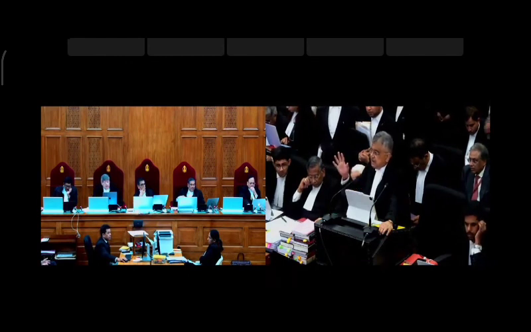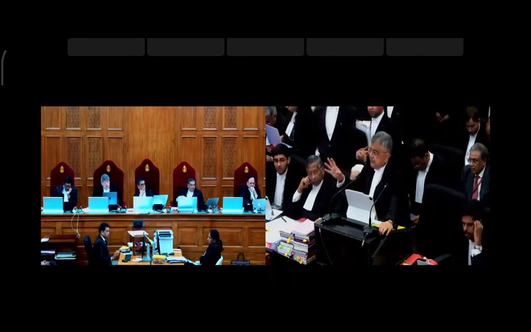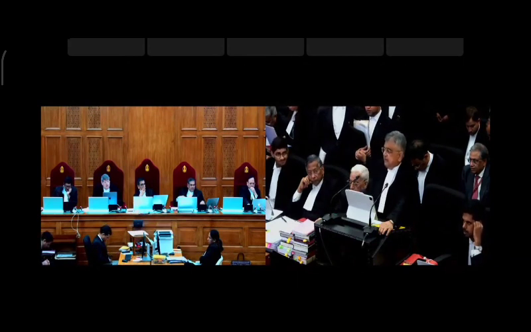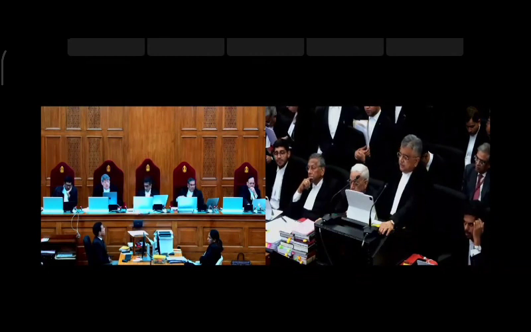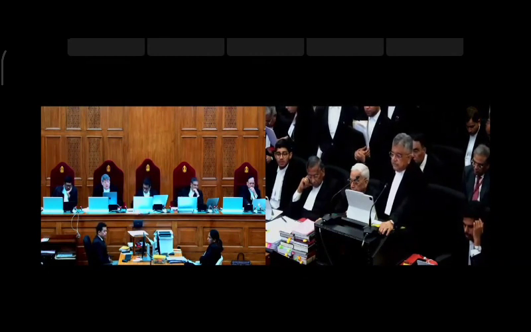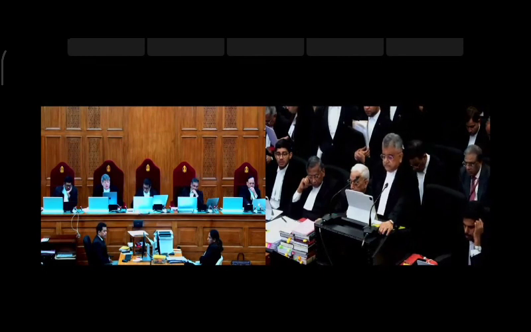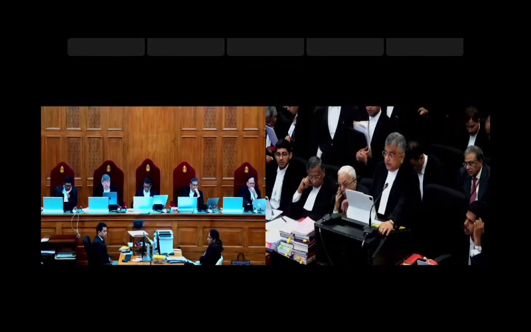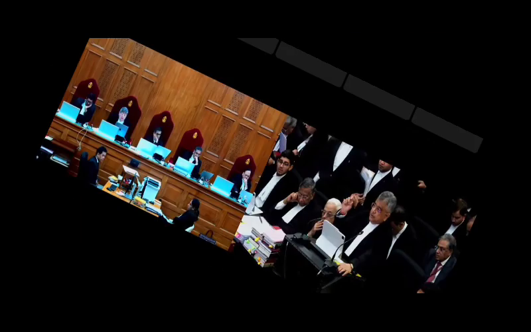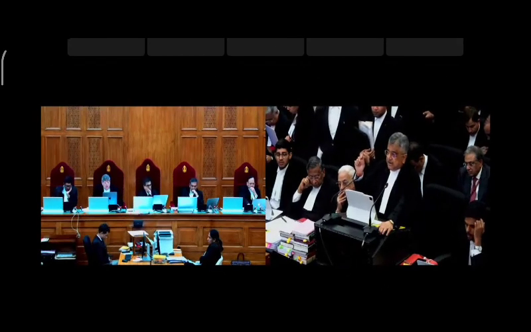We read the Bommai judgment for a different issue, but this was also one of the factors which fell for consideration of the court, where the court considers what is the scope and ambit of the state's views.